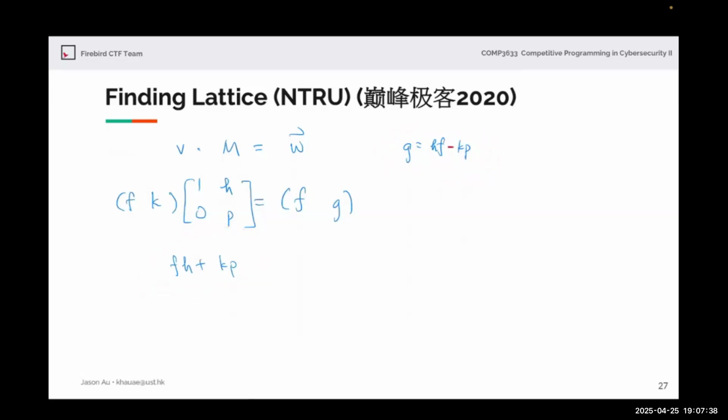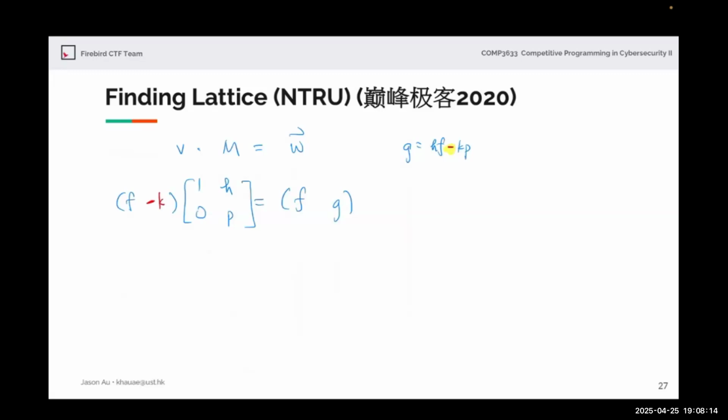So how do we modify V and M to give us the right one? It's very easy. We just make K become negative K. That solves the problem, because F times H, this one, and then minus K times P will give us G. So that's how we come up with V, M, and the vector W. And then we have this transformation matrix here.